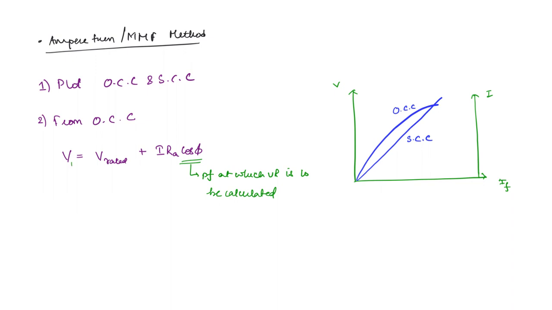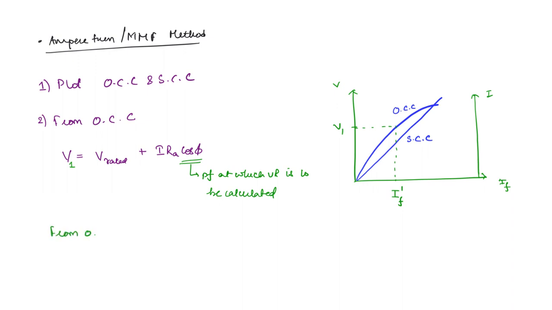Now let us take this voltage to be V1. So for this voltage V1, what is the corresponding field current for the open circuit characteristic? So let us say this is IF dash.